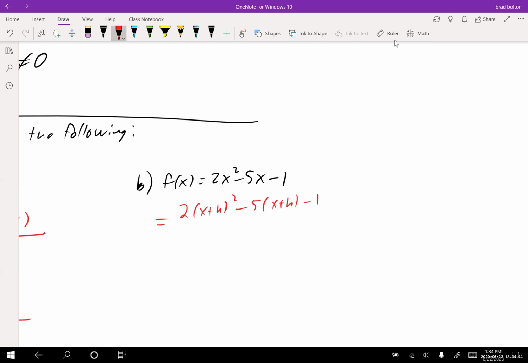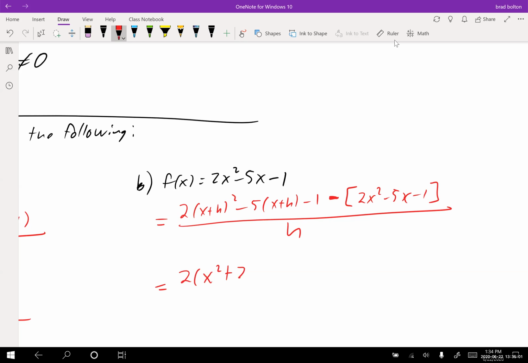So all that is just f of x plus h, and then subtract off f of x, which is 2x squared minus 5x minus 1, all divided by h. So let's see what this cleans up to: 2 times x squared plus 2xh plus h squared minus 5x minus 5h, oops, minus 1 minus 2x squared plus 5x plus 1.